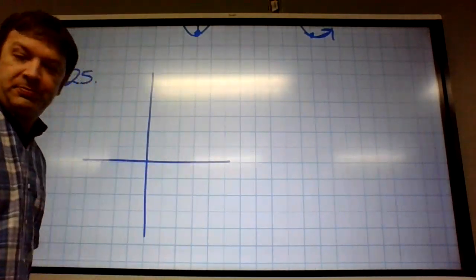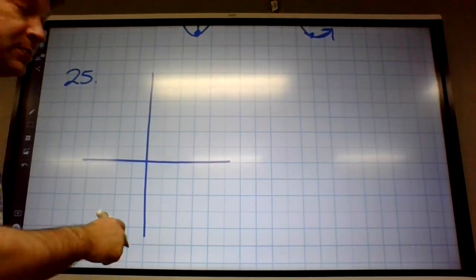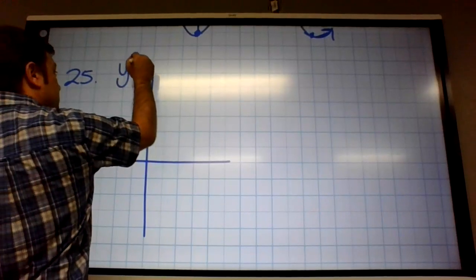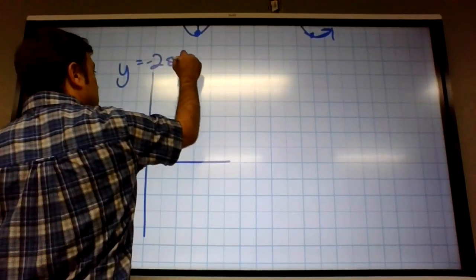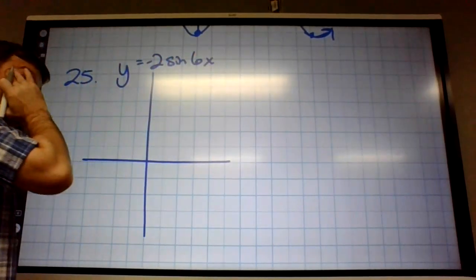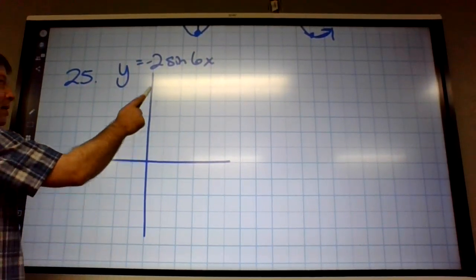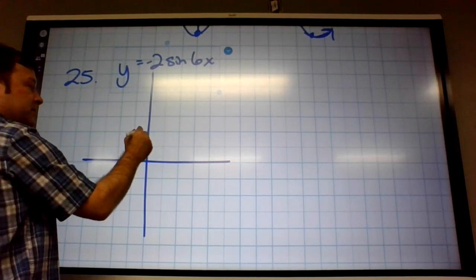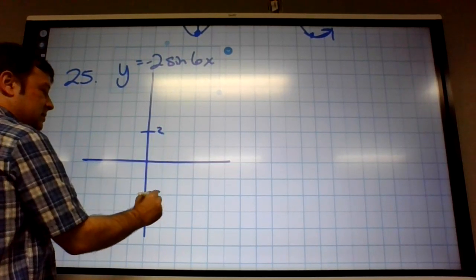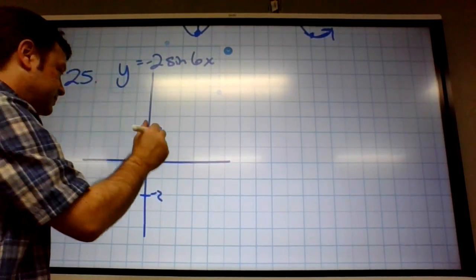Okay, probably should have written it down first. y equals negative 2 sine of 6x. Okay, so my amplitude is 2. That's where I'm aiming.